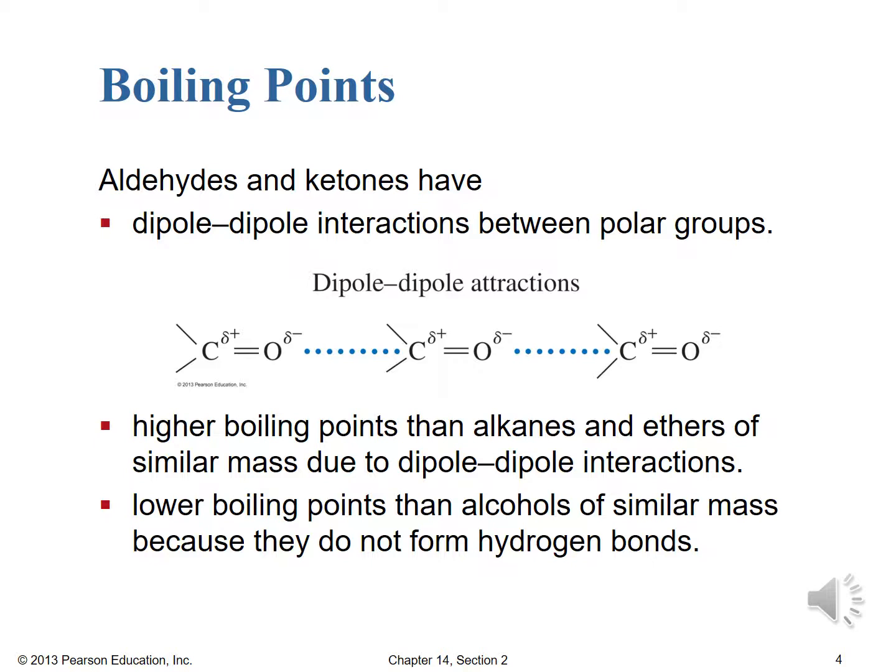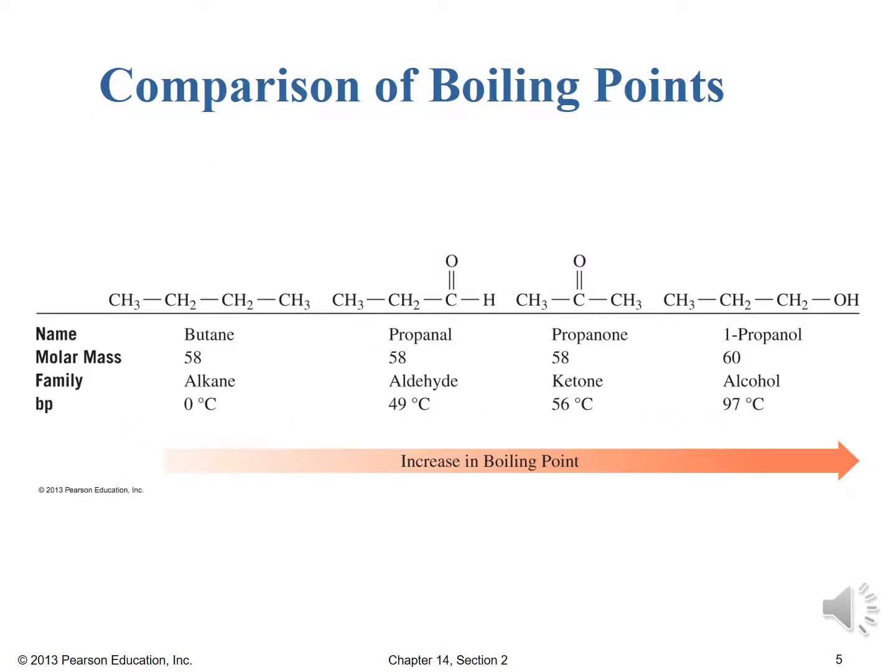General Organic Biochem 1. Here we see a list to give a comparison of these boiling points among substances that are roughly the same molar mass. So butane, again, is a straight chain alkane. London or dispersion forces are all we really have in intermolecular force attractions.